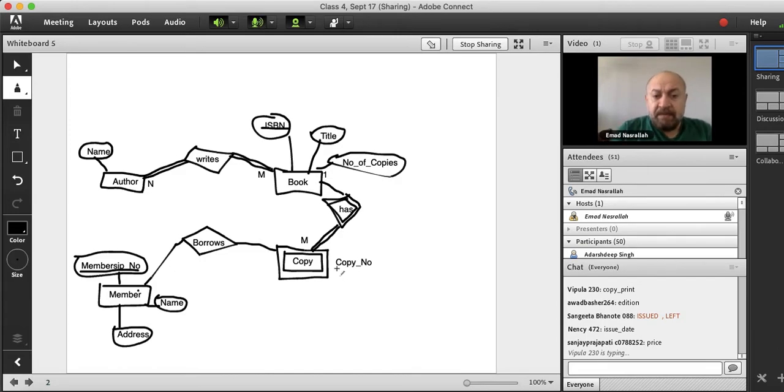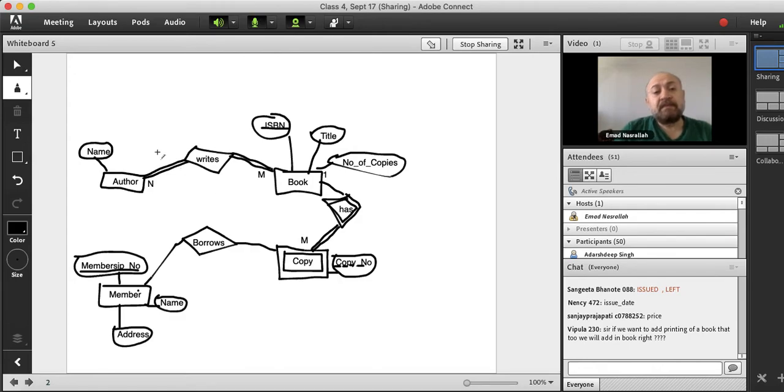The copy number will be dashed because it's the primary key of a weak entity. So we can have something called availability.